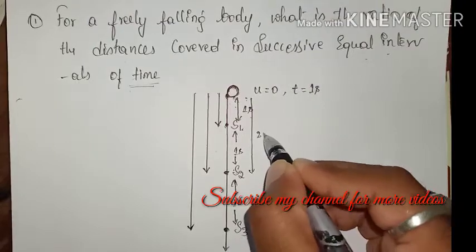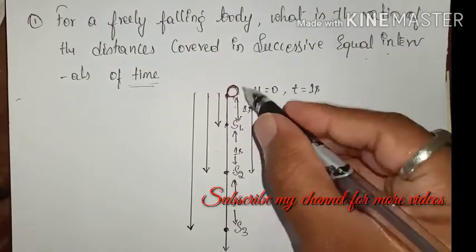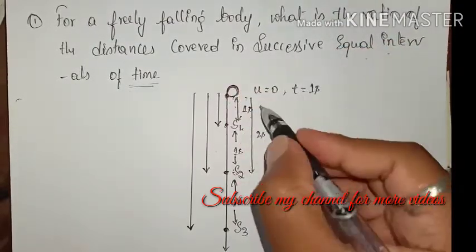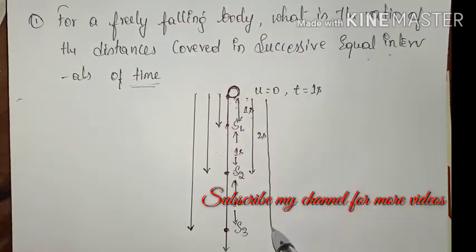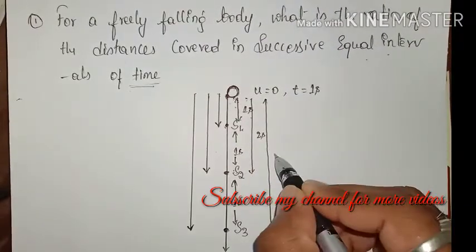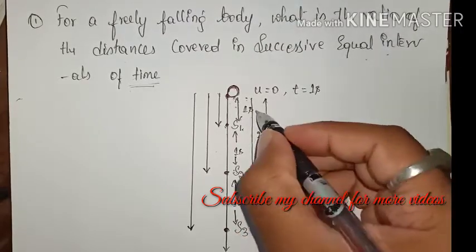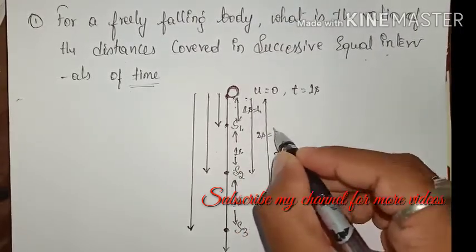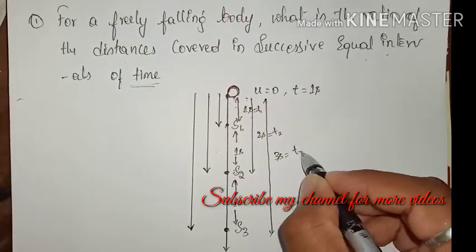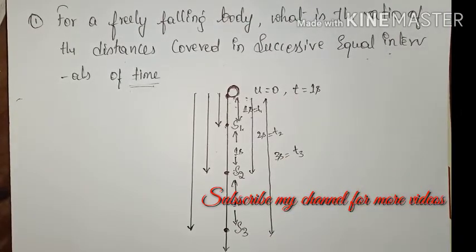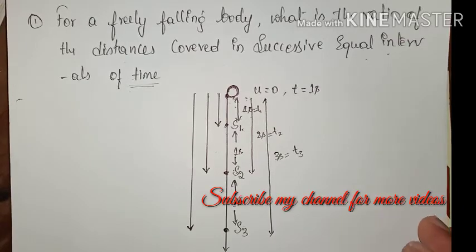It is 2 seconds, because 1 plus 1. And for the third one, the time taken is 3 seconds. So I can take this one as t1, this one as t2 and this one as t3. Time finished, no problem.